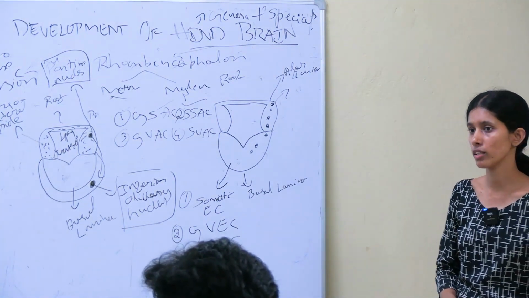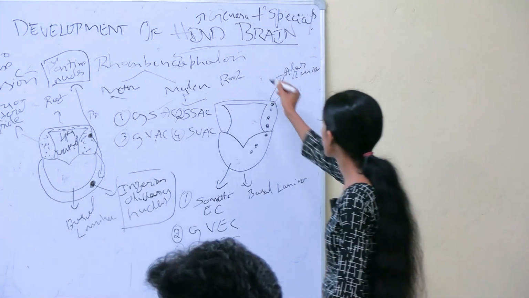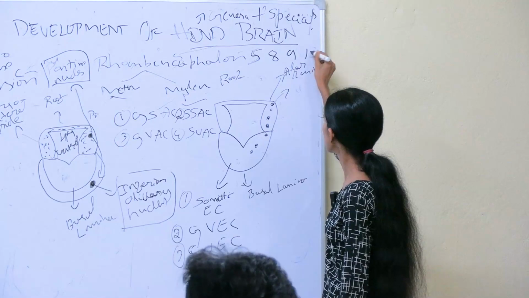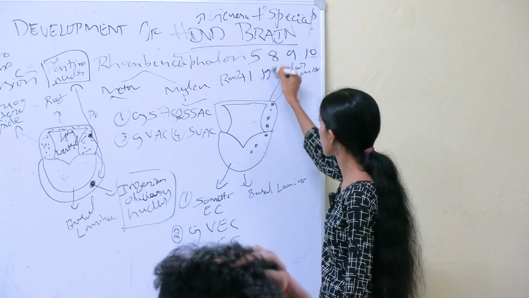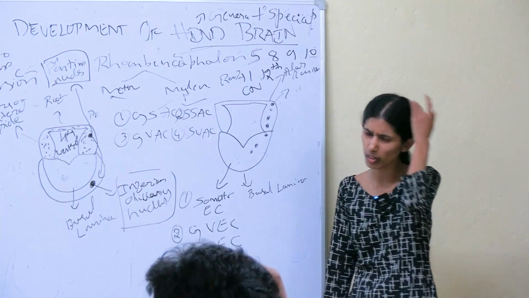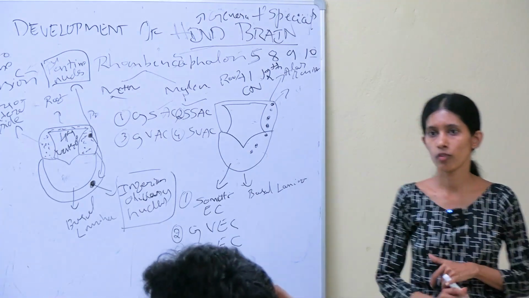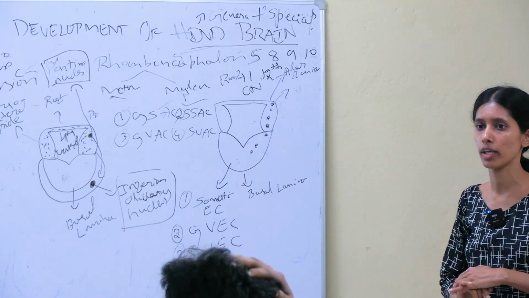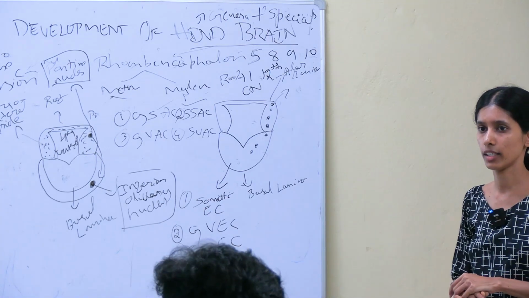So right now remember your 5th, 8th, 9th, 10th, 11th and 12th cranial nerves are related to this particular region.